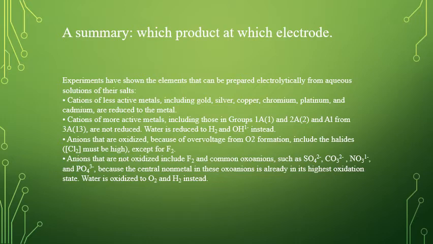For the anions that are oxidized, we have a concept that we call overvoltage, which I'll spend some time in class going over, but essentially you can think about the overvoltage occurring when you have gases involved in your reaction.